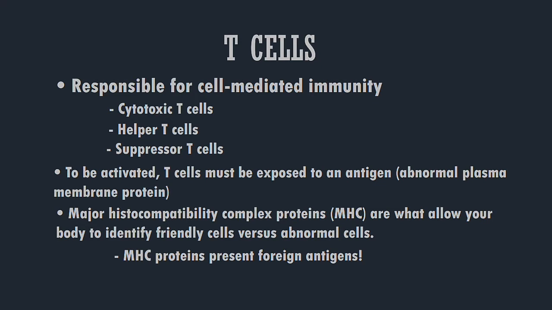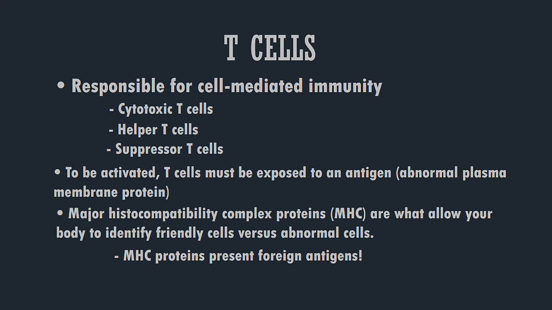They are responsible for stimulating them to hold back and not have as many cell divisions, and if an infection is over, if it's been defeated, suppressor T cells are going to turn off that reaction.